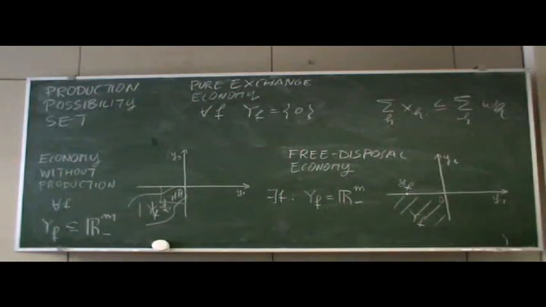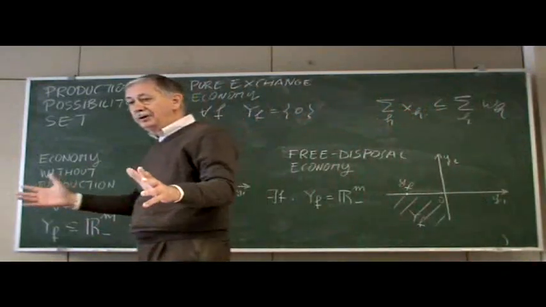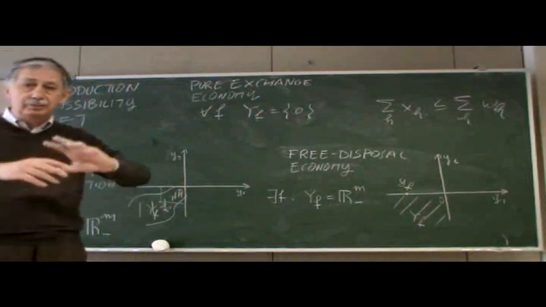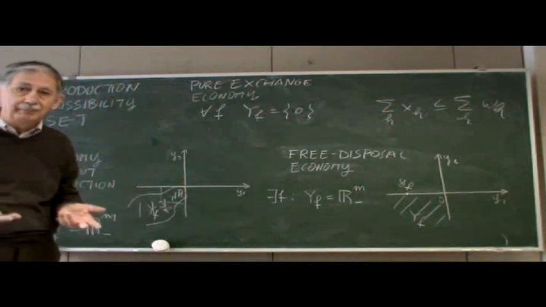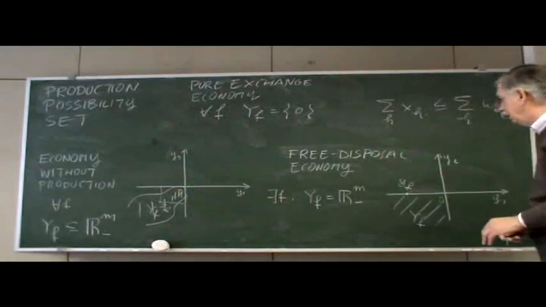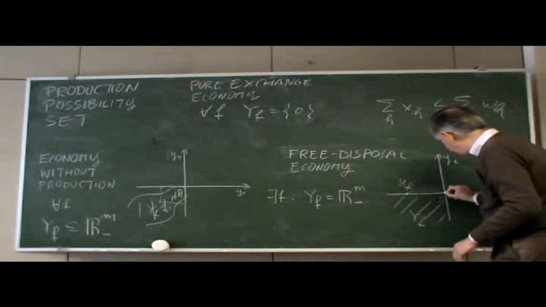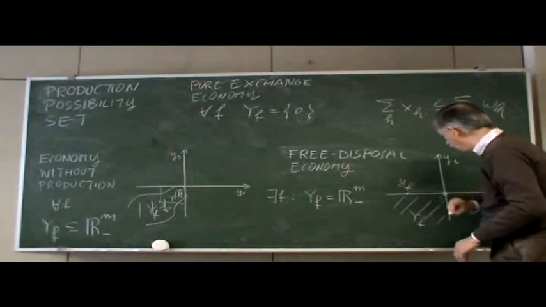What is the meaning? Only inactivity is possible. No firm has the technical knowledge to transform goods between them. So only inactivity is possible. In other terms, the only point in each YF is this point.